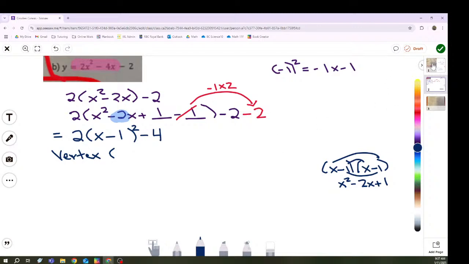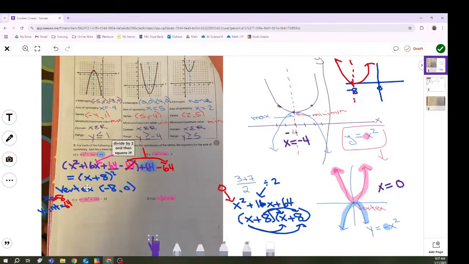Okay, let's go back and take a peek. So on the previous question, remember, we want to take, if it's an x value, it's coming from the bracket because that's what's in with the x. But we reverse that symbol. So this vertex had an x of negative 8 because we had a plus 8 in with the x. The y value comes from what sat outside the bracket, but in the first question, we didn't have anything there.